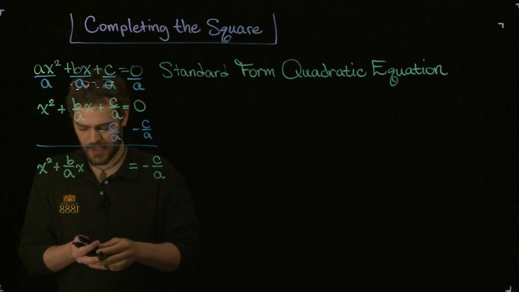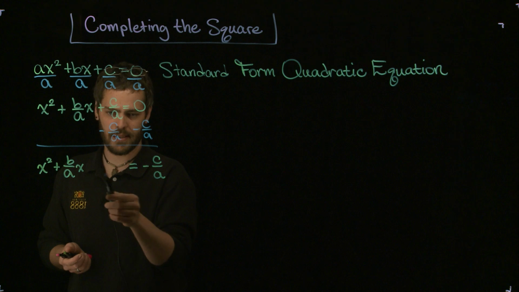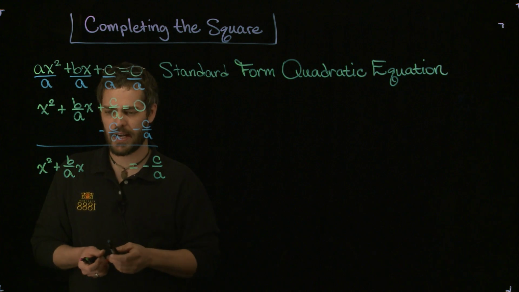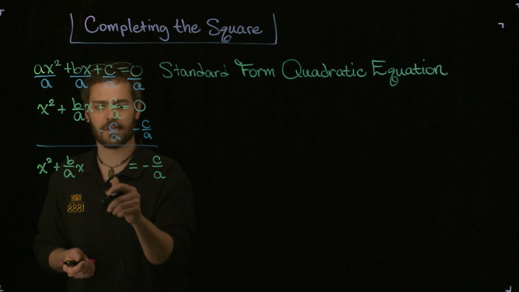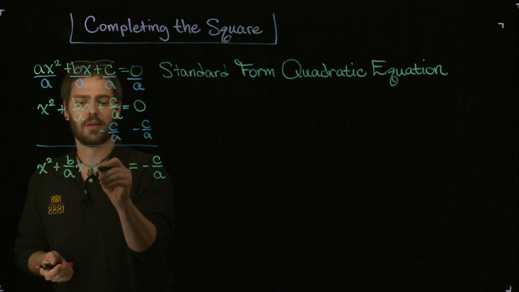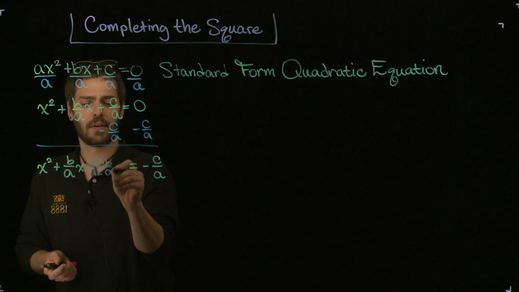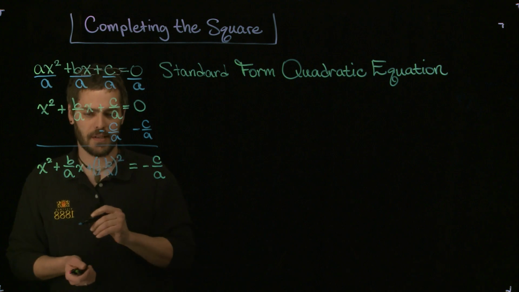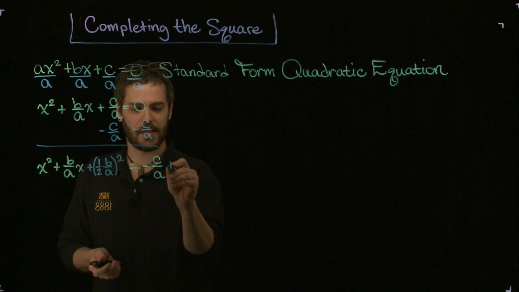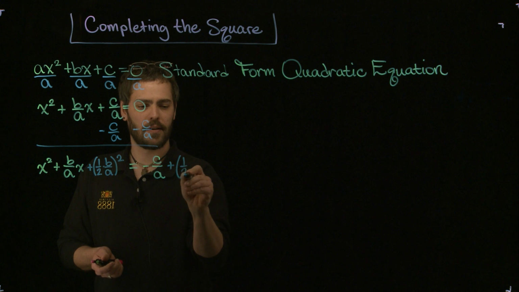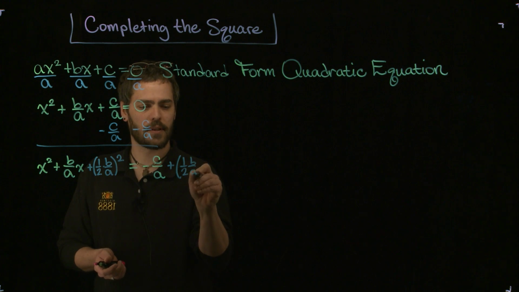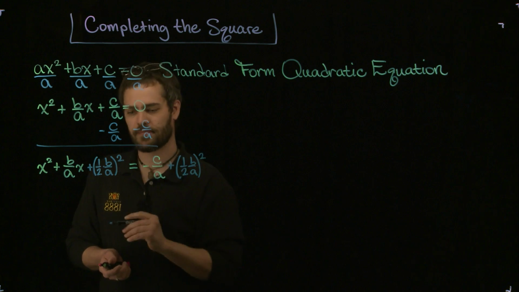And what the little space is to do is leave me a place here to add half of this middle term squared. So let's do that. Add, parentheses, 1/2 times b over a, quantity squared. There's half of the middle term squared. And I've got to do that to both sides. Half b over a squared.